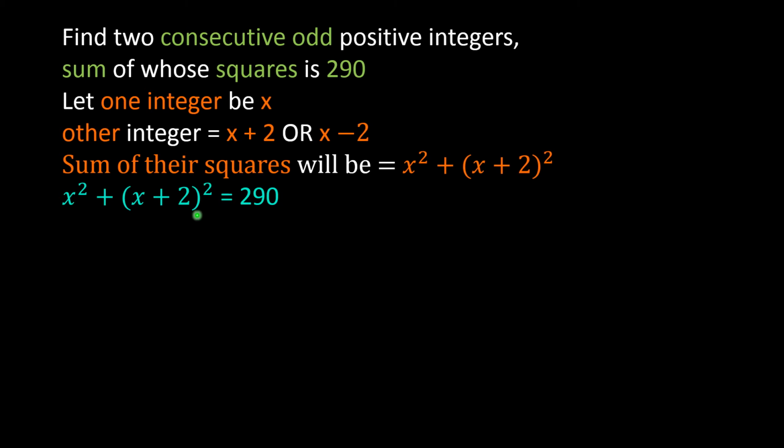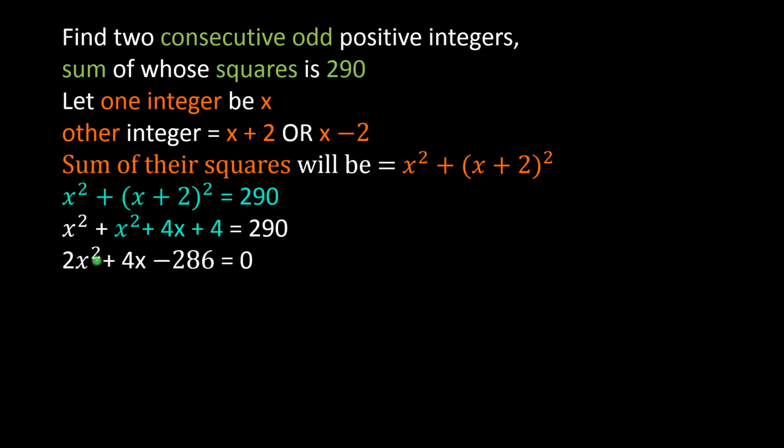Now we will expand this. It will be x squared plus 4x plus 4 equals 290. x squared plus x squared will become 2x squared plus 4x, and take this 290 on the left hand side, so that it will become minus 4 minus 290 will be minus 286 equals 0.